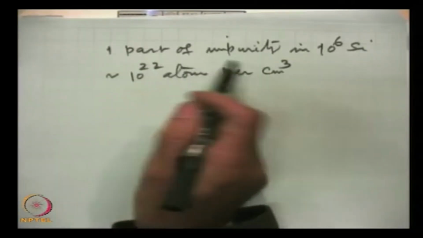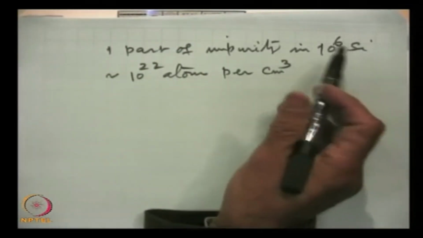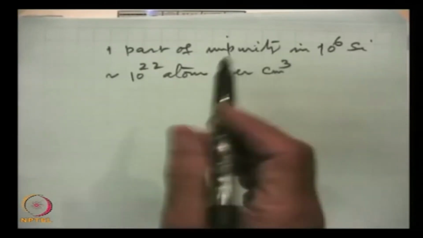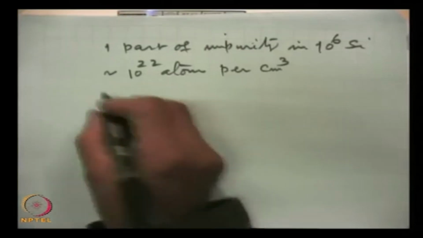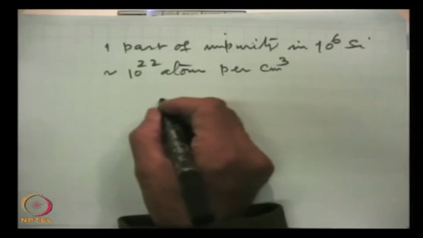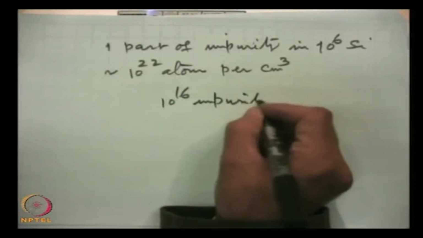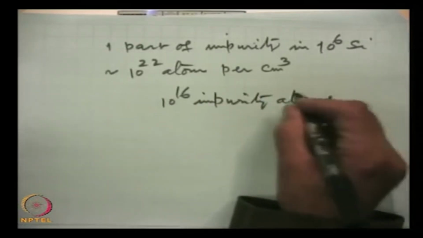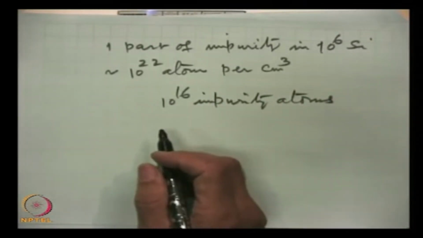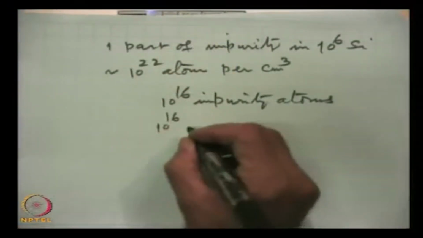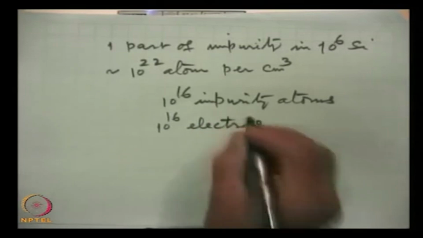Therefore, if one part of impurity is mixed in 10 to the power 6 silicon atoms, then we will have in 1 cubic centimeter of crystal 10 to the power 16 impurity atoms. And when we assume that all the impurity atoms are ionized, then each atom has given 1 electron to the conduction band. So, there are 10 to the power 16 electrons in the conduction band.